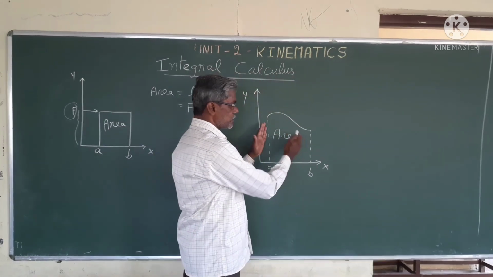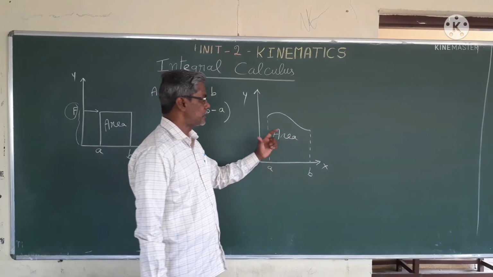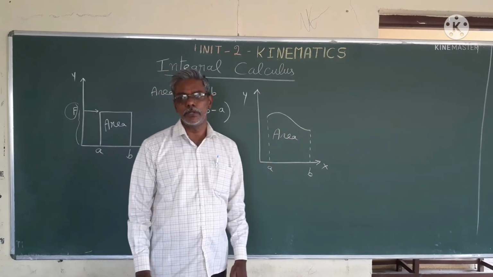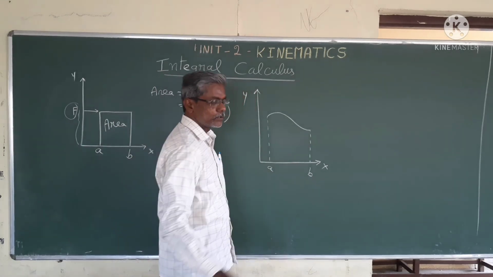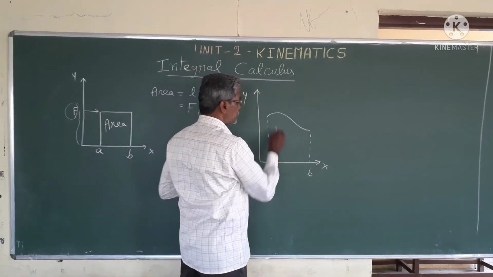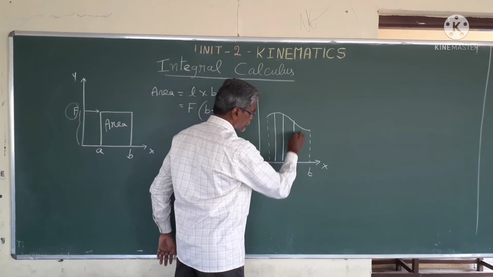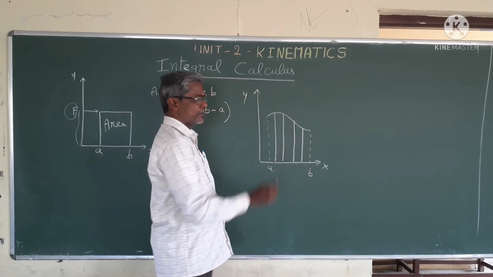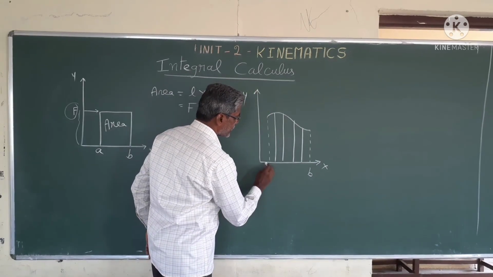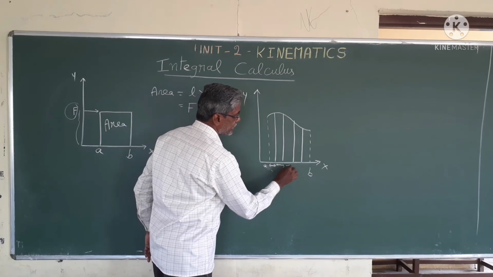Now, for this geometrical shape, how do we find the area? What I will do is divide this area into equal spaces, that is, the width must be equal.